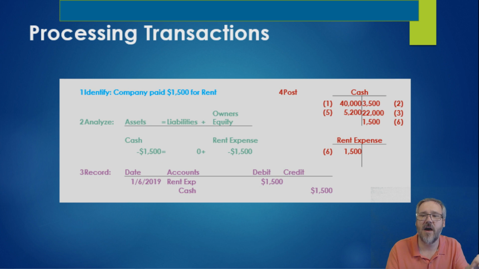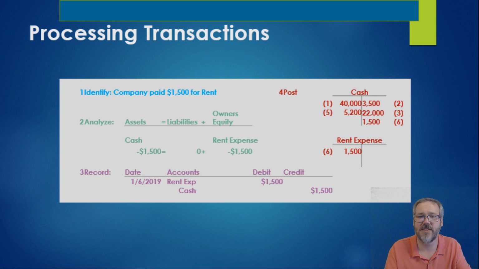However, because expenses are, let's say, anti-equity, the increase in rent expense means a decrease to owner's equity as a whole. So this equation balances, even though it's technically a decrease to cash and an increase to rent expense, because the increase to rent expense is a decrease to owner's equity.